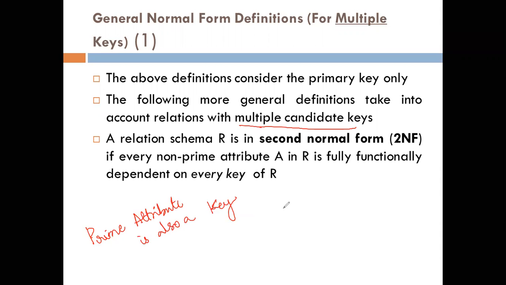So a second normal form we can rephrase as: a relation R is said to be in second normal form if every non-prime attribute A in the relation is fully functionally dependent on every key of R. So earlier in place of key we had primary key. Now we have to say it is key.